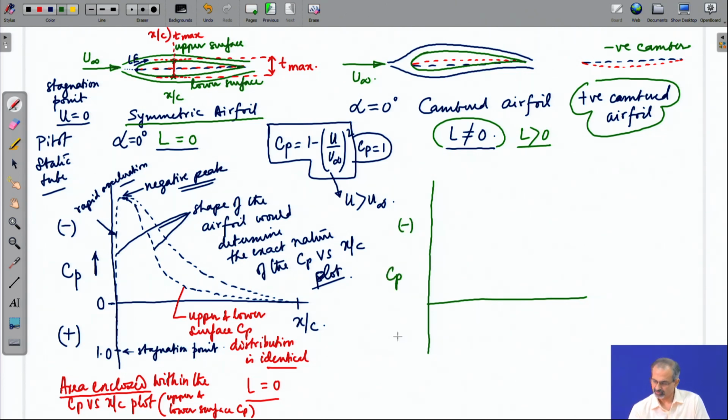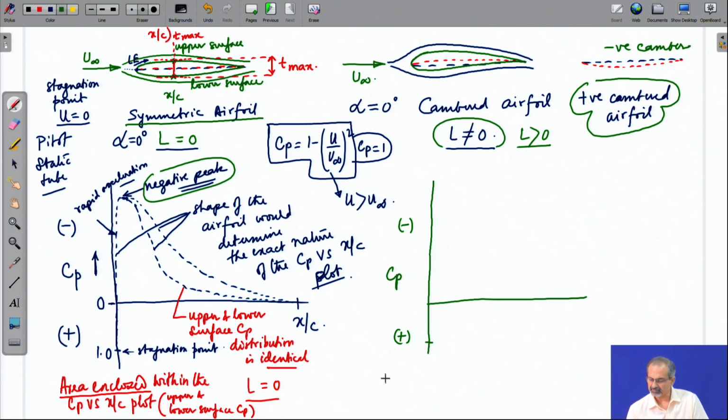We will follow the same conventions here too, and then in principle you would get this negative peak on the upper surface, but it will be stronger because of the effect of camber, and on the lower side the stagnation point will not be exactly at the leading edge, it may be slightly offset.